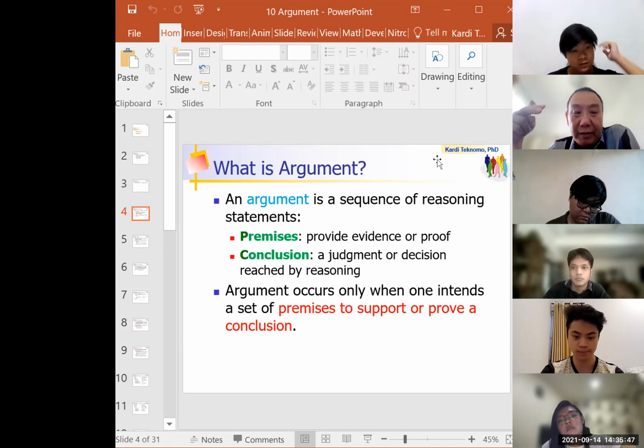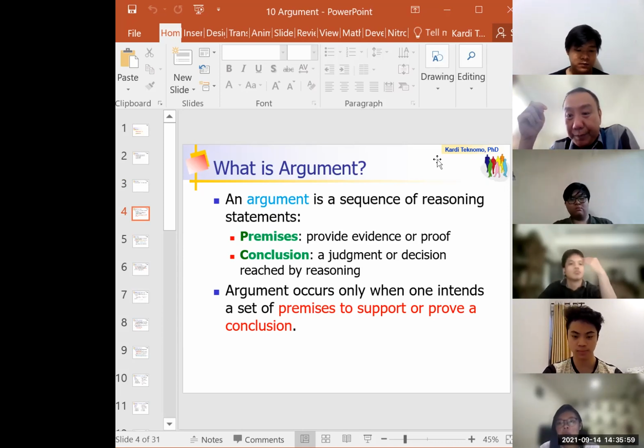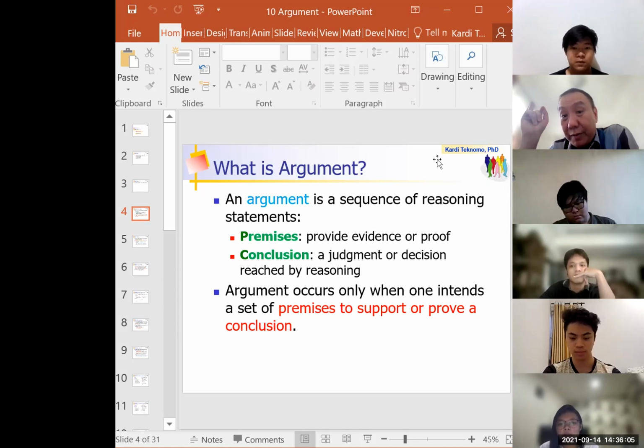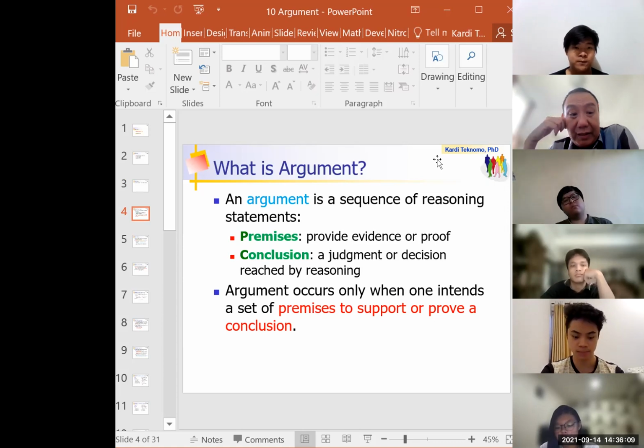And second is the conclusion itself. If only the premises, it's not an argument. If only the conclusion, it's not an argument. So it must have two components. They can be in one sentence, not necessarily two sentences.